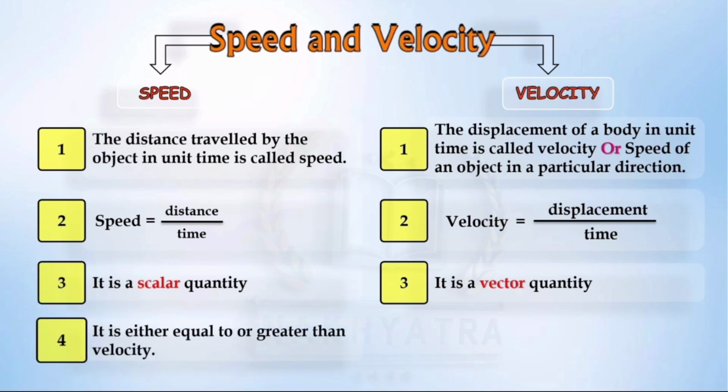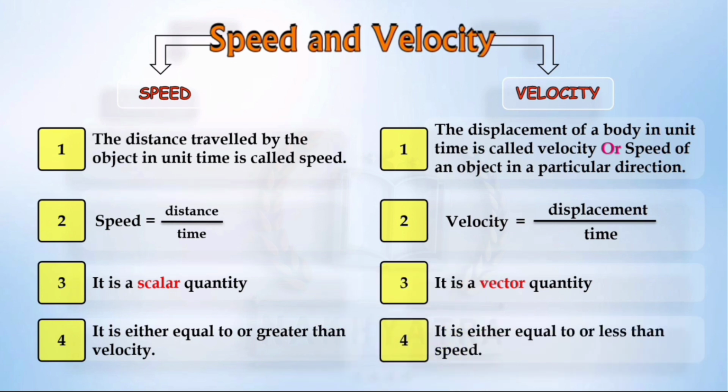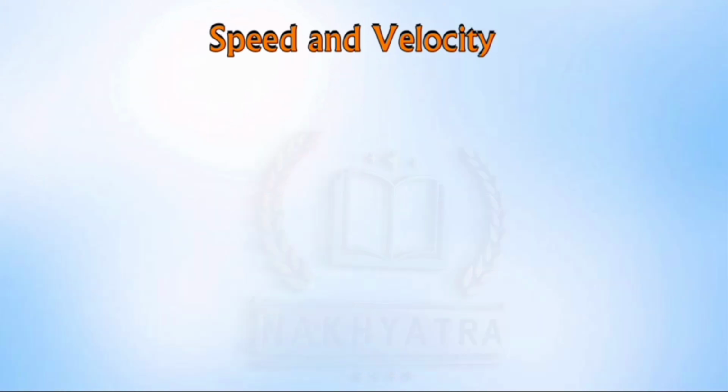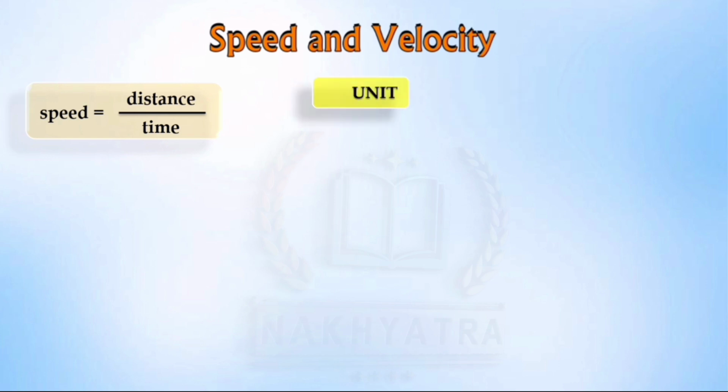Now the fourth point is speed is either equal to or greater than velocity. But velocity is either equal to or less than speed. Now the formula to find speed is equal to distance by time.